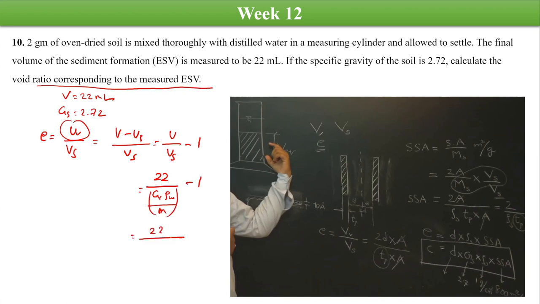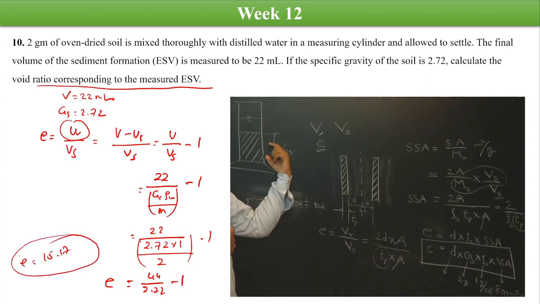So if you write it here, 22 upon, Gs is 2.72 multiplied by rho w, which is 1 gram per centimeter cube, upon the mass, which is given as 2 grams, minus 1. So if we calculate it, we will get 22 into 2, 44 upon 2.72, minus 1. Let's see how much we are getting. We are getting a value of void ratio as 15.17. So 15.17 is considered as the right answer to this question.